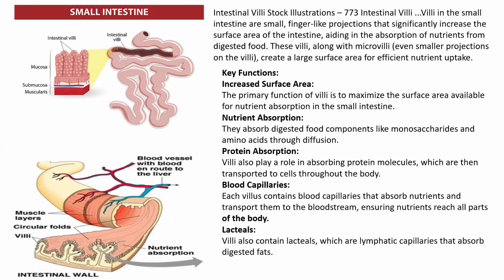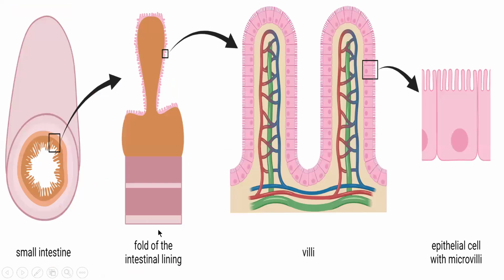Very important point: villi consist of goblet cells, which provide mucus and protect the inner lining of the intestinal wall. Villi consist of lacteals, which are lymphatic capillaries that absorb digested fats. Small intestine: folds of the intestinal lining, villi, epithelial cells with microvilli.